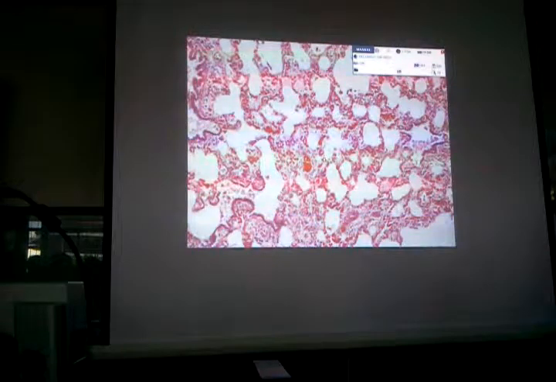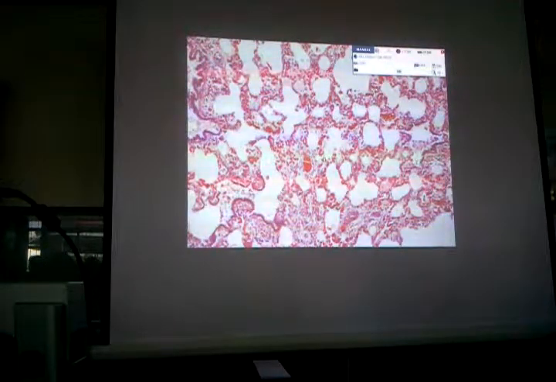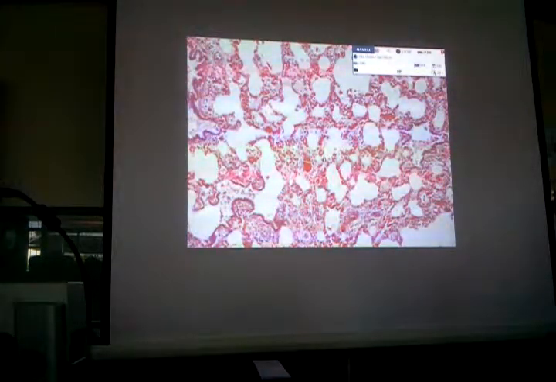That is why this condition is called interstitial pneumonia. So most of the time, interstitial pneumonia is caused by viruses and atypical bacteria. What is an example of an atypical bacteria? Very good. Mycoplasma pneumoniae.